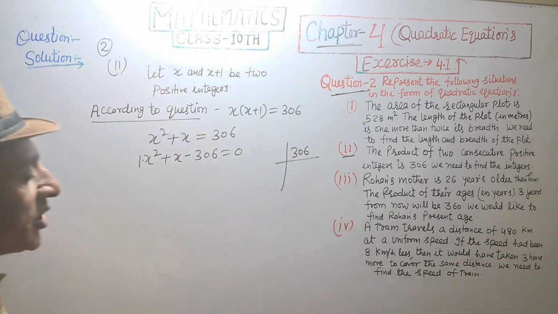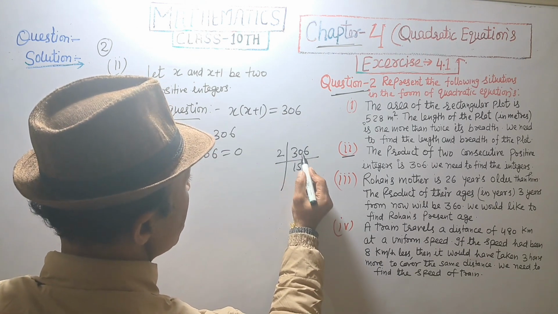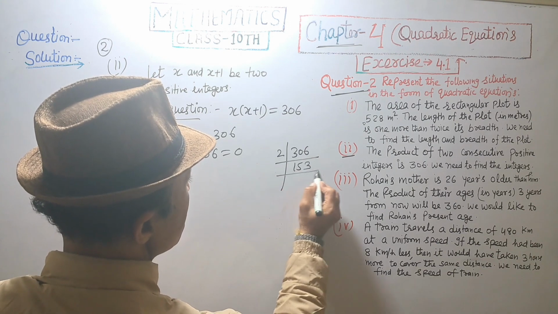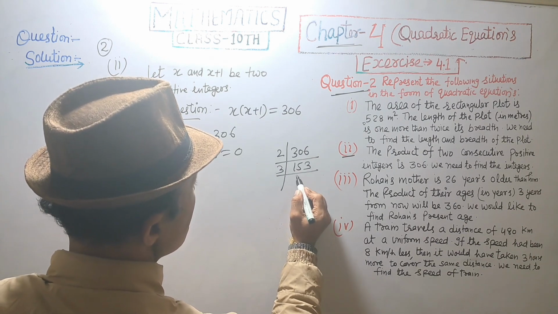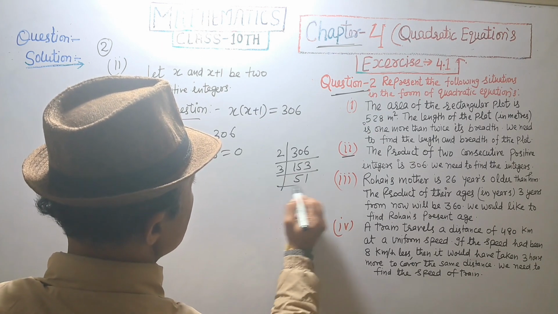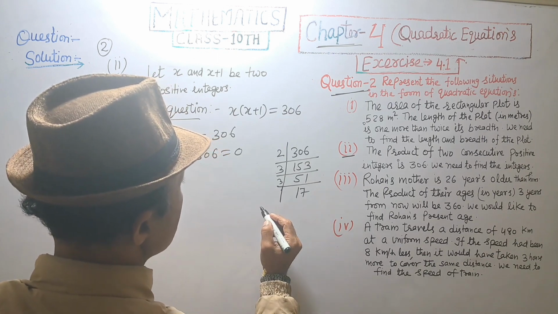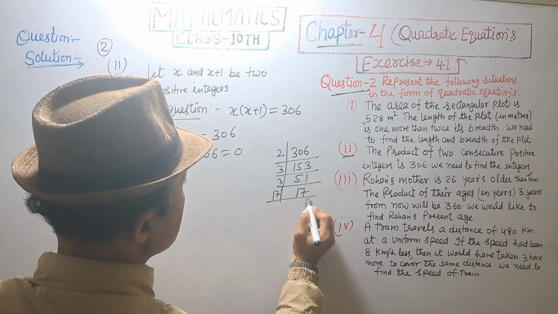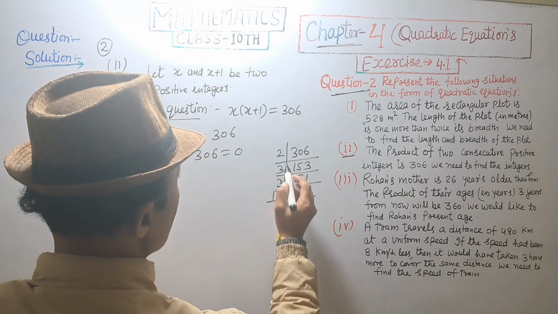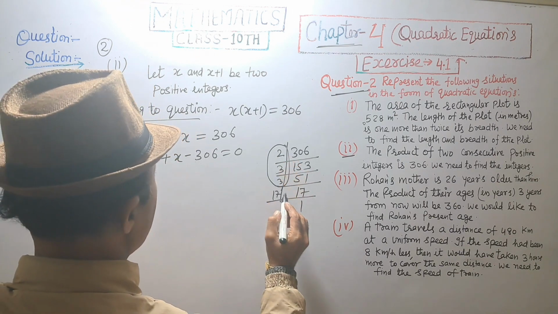So prime factorization of 306: 2 153s are 306, 3 51s are 153, 3 17s are 51, 17 1s are 17. So 3 3s are 9, 2 9s are 18.